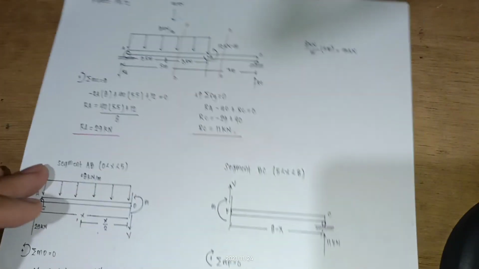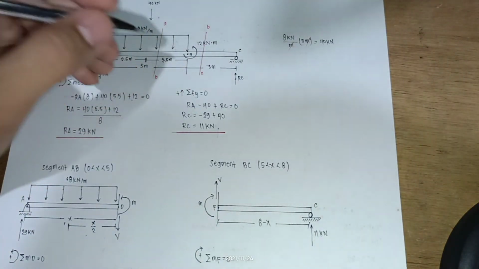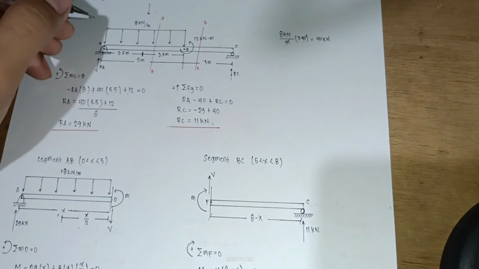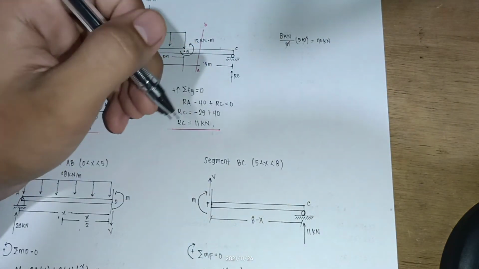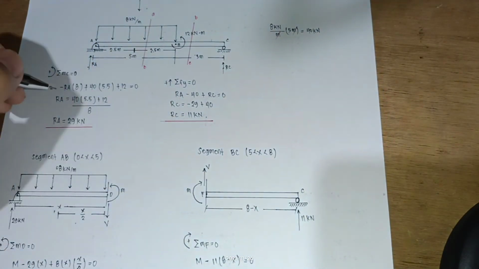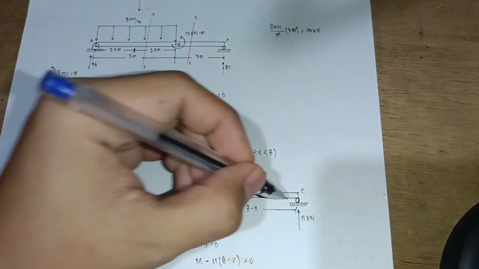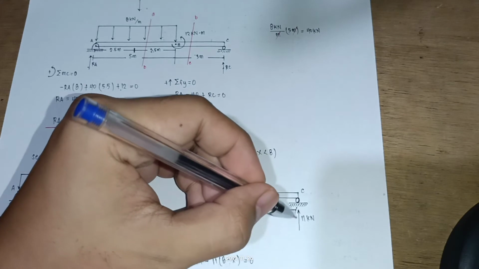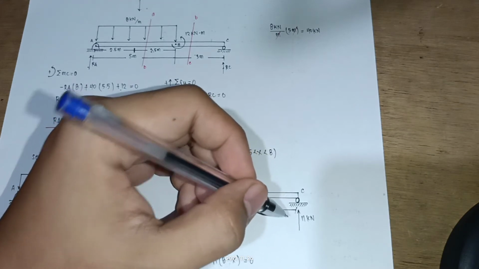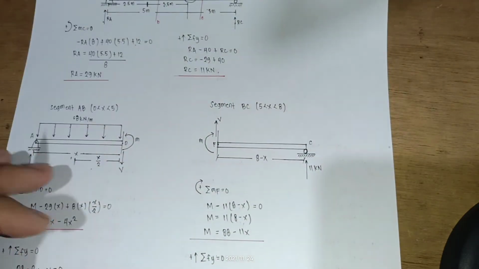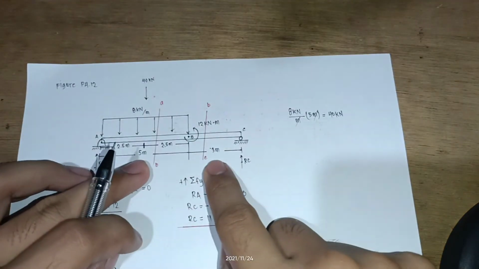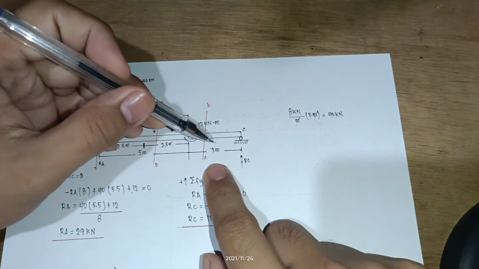For segment BC, where x is greater than 5 but less than 8, this is the cutting section. We have the roller here at C, a reaction at C of 11 kilonewton. The distance of this cut section is 8 minus x, since this is 5 meters plus 3 meters.